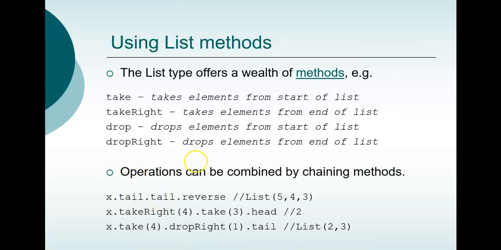And we also looked at how we can apply different methods that come with the list, like the take method that takes elements from the start, take right that takes elements from the end of the list, drop that removes elements from the start of the list, and drop right that removes elements from the end of the list. So let's pause here and go to our IntelliJ and try to test all these commands that we have learned so far.